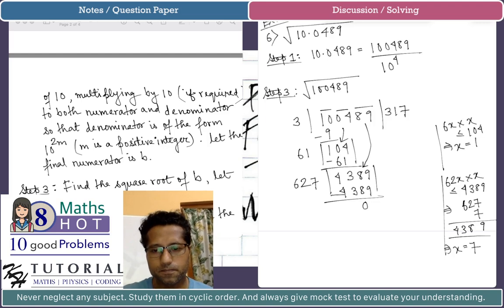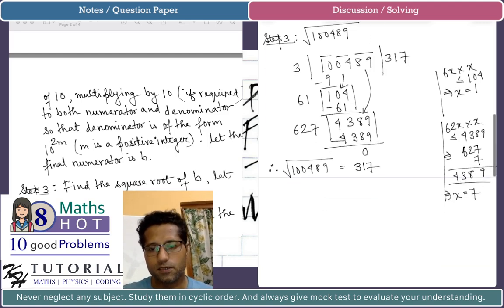Therefore, the square root of 100489 is equal to 317. Now the final step to find the square root will be c, which we found in step 3 as 317, divided by 10 to the power m.